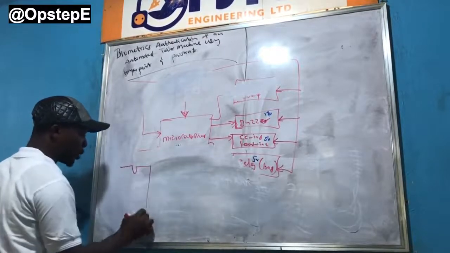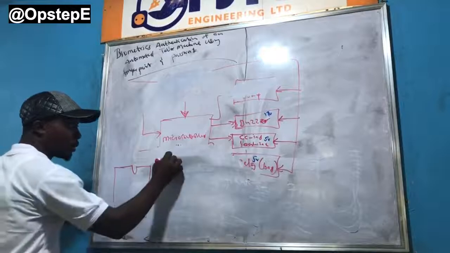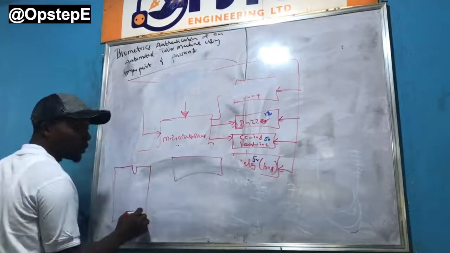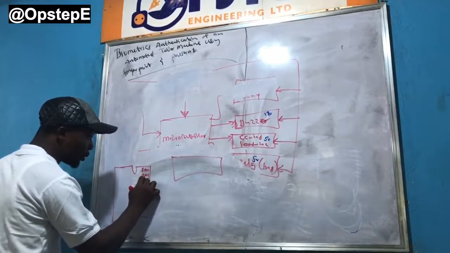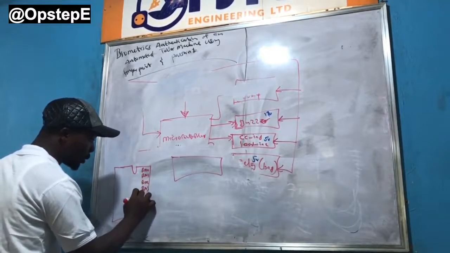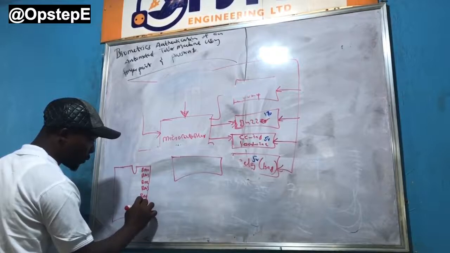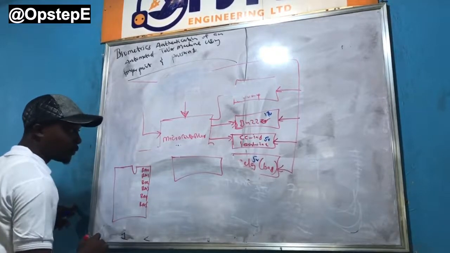This is a microcontroller. This is the LCD. Assuming that this is your RA0, RA1, RA2, RA3, RA4, and RA5.